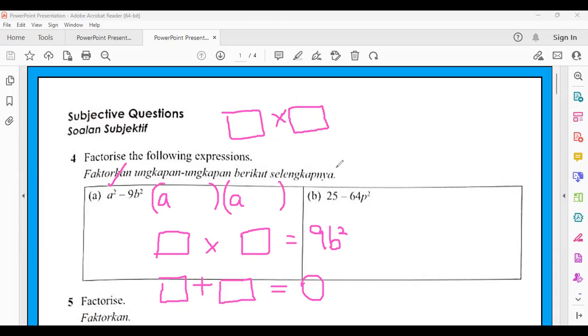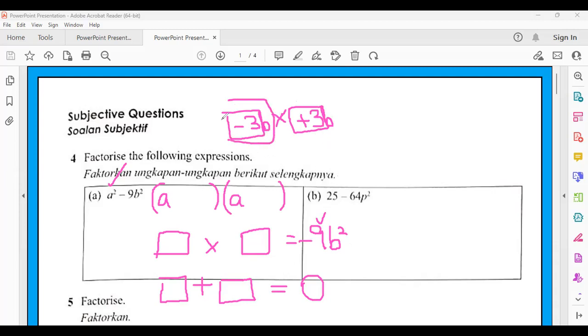So remember, just go with the 9 first. If I have negative 3 and a positive 3, oh sorry, this is a negative 9, I'm going to get my negative 9. But if I put a b extra there, then I'm going to get b squared. Do you see that? All I need to do is just put a b extra, and I'm going to get my b squared.